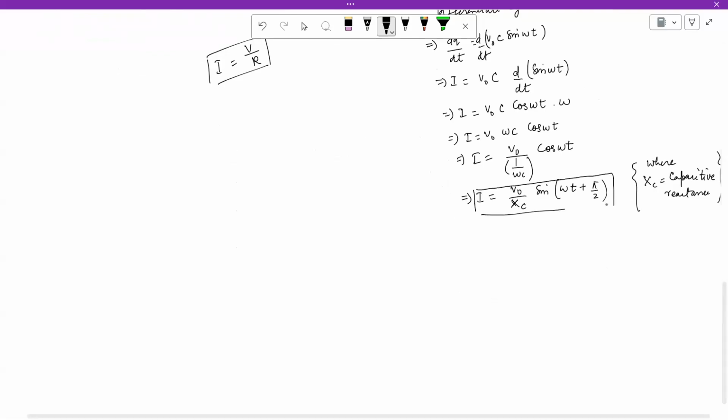So this is the final result. So what is happening? We have a capacitive reactance Xc, which is 1 by omega C. Second, is current leading or lagging?